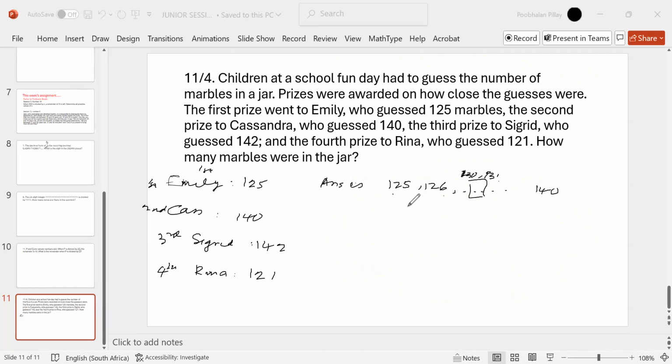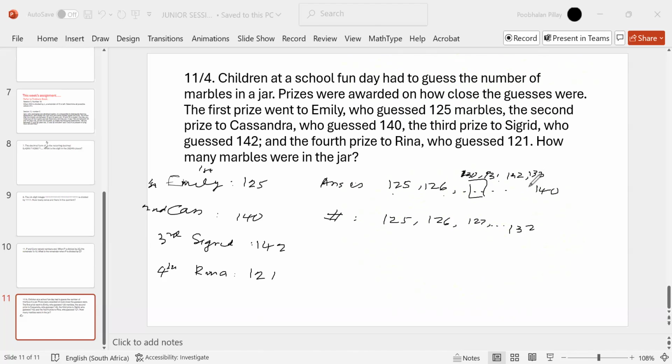If you take the average of these two, you get 132 and a half, right? So the number is actually equal to one of these numbers: 125, she might have guessed the exact amount, 126, 127, or 132, right? Now the distance between her answer and this will be less than or equal to 7.